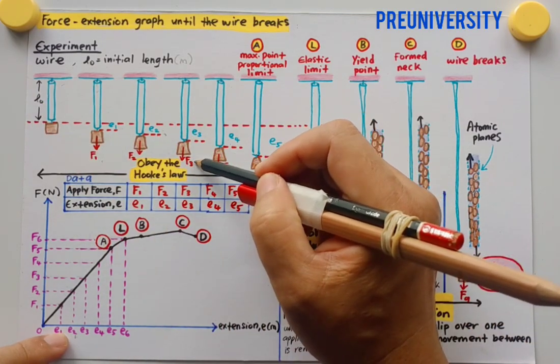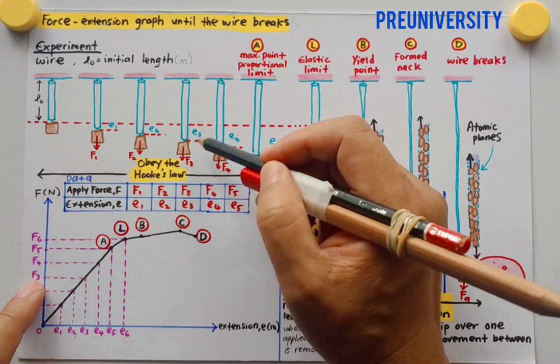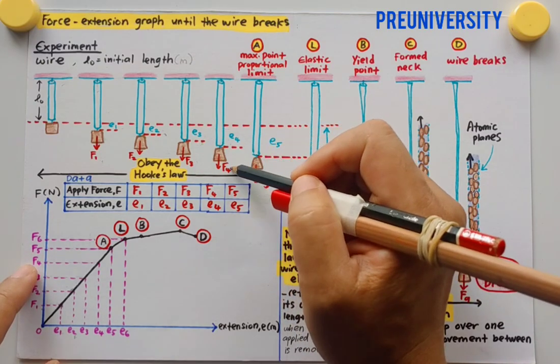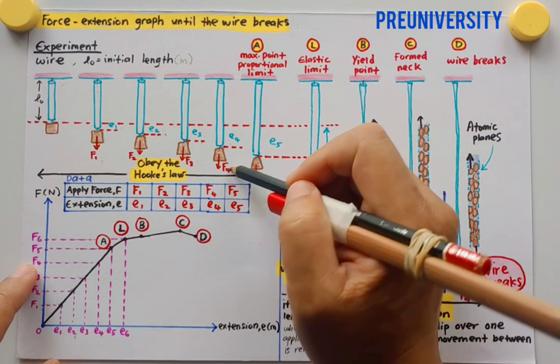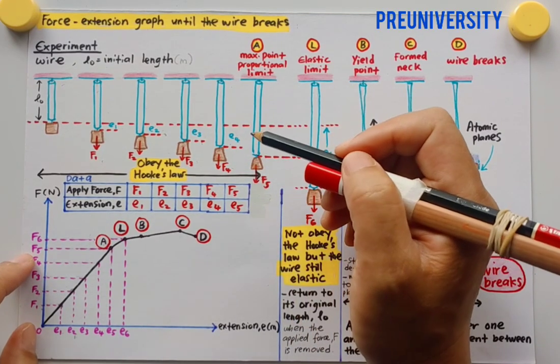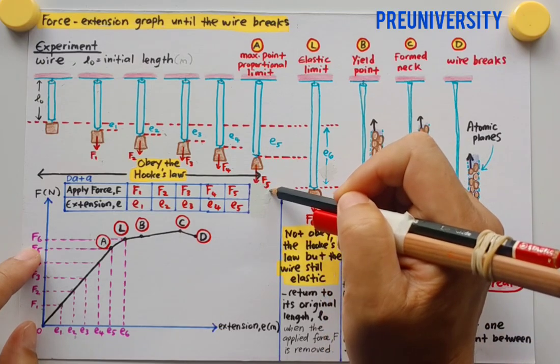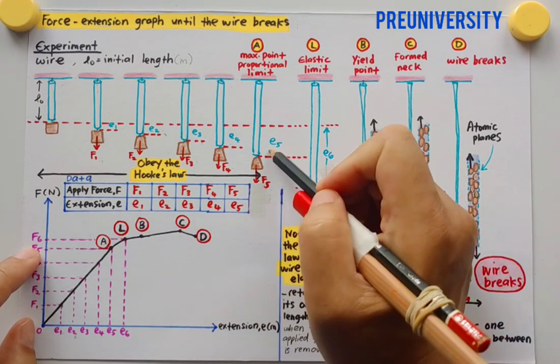Then we continue, we apply the F3, then we have the new extension E3. So we continue with the F4, so we have the extension E4. Then we apply the force F5, then we have the new extension E5.